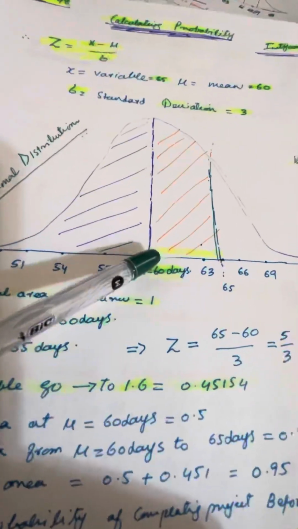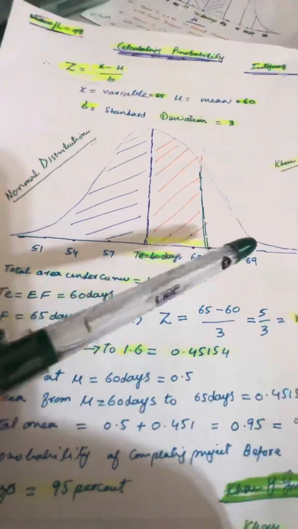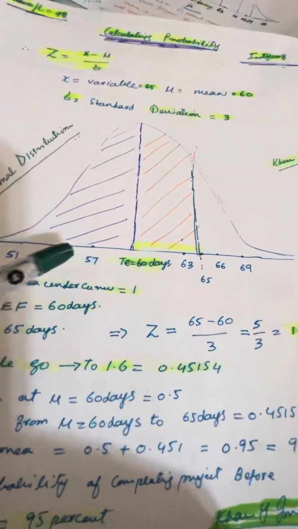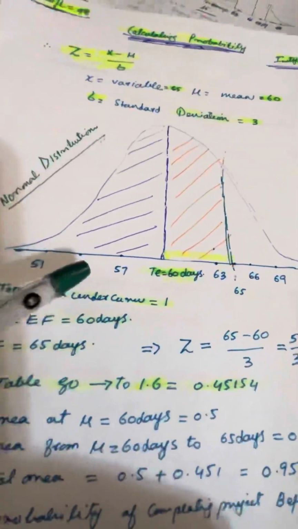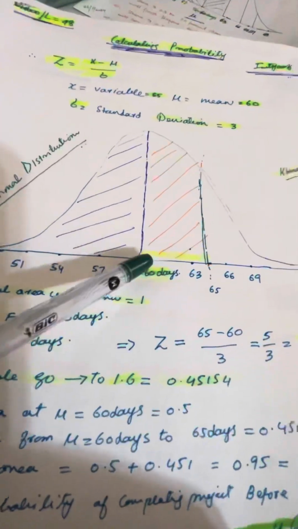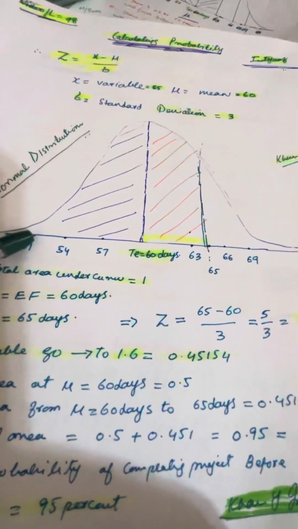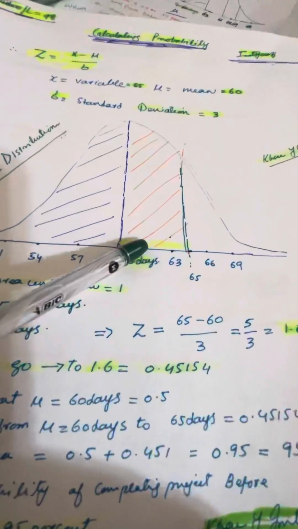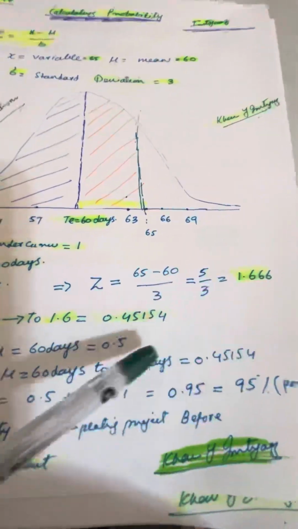So 0.5 is on this side and 0.5 on the other. Calculating up to 65 days, from 60 days to the mean we know it's 0.5, and what we calculated is 0.45154.